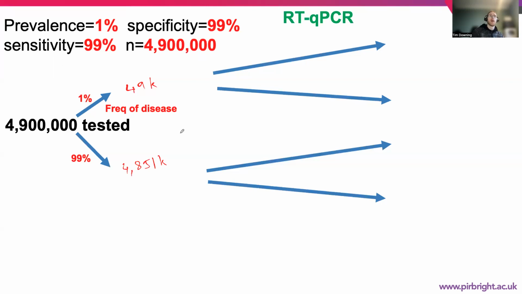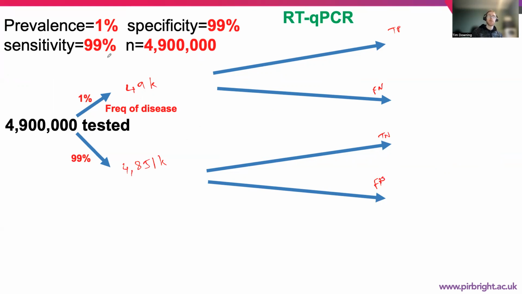And if our sensitivity and specificity are both 99%, we can use these factors to work out the numbers that are true positives, false negatives, true negatives, and false positives.